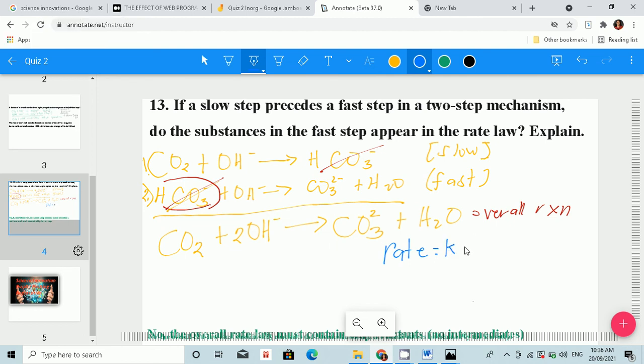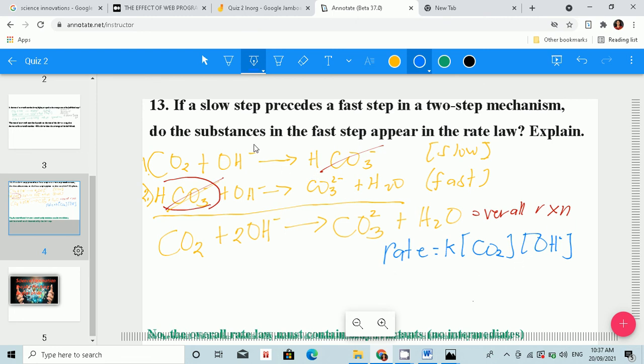We have k, the constant, times the concentration of the reactants. We have CO2, and then we have OH minus.